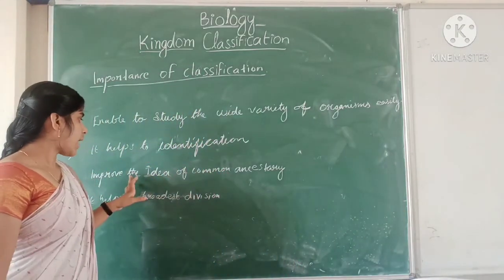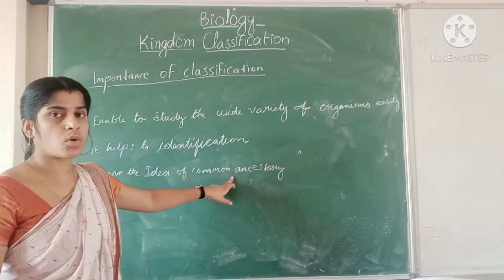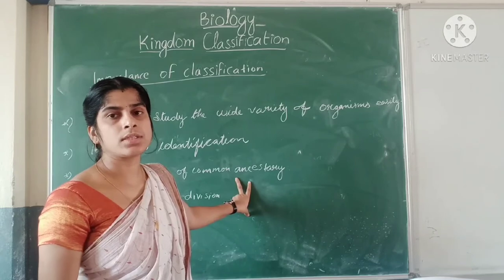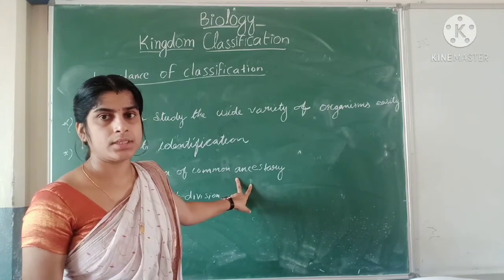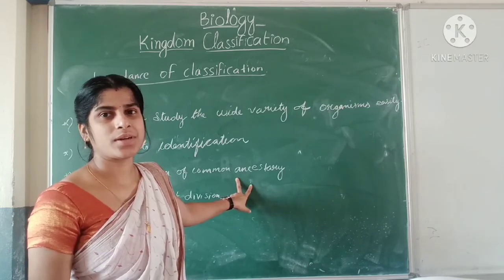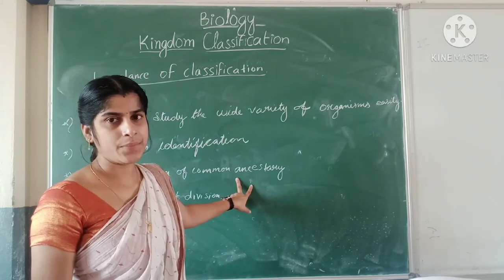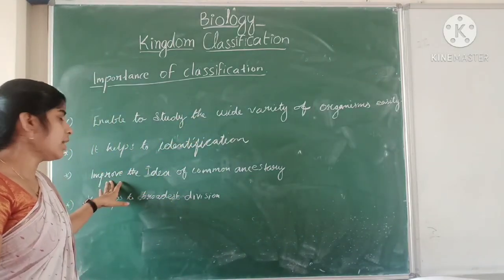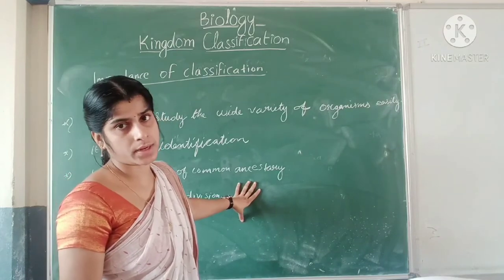It gives an idea of the common ancestry of all living organisms. We know which one is our ancestor; we say monkeys are our ancestors. So classification gives the idea of common ancestry of all the living organisms, not only one.